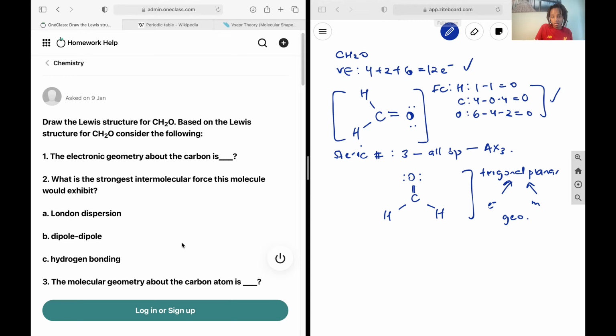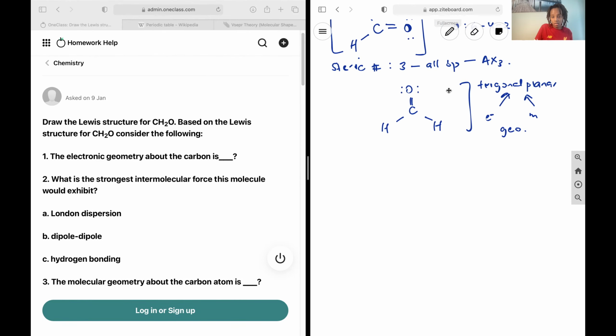Now we need to determine its electron geometry. We found that it is trigonal planar. And now we'd like to find out what the strongest intermolecular force this molecule would exhibit. And so let's just list down these intermolecular forces so we can determine their various strengths and then determine which ones this molecule actually has. And so we have London dispersion forces.